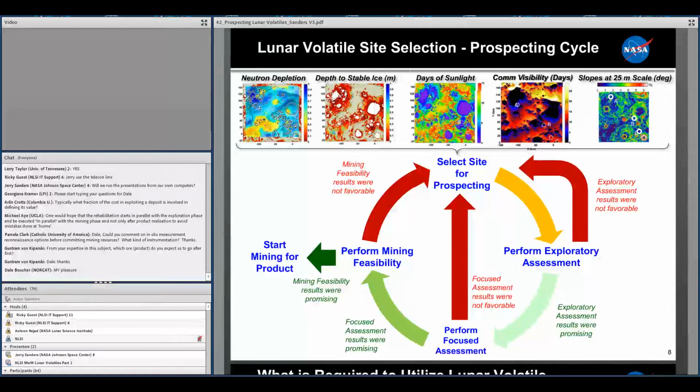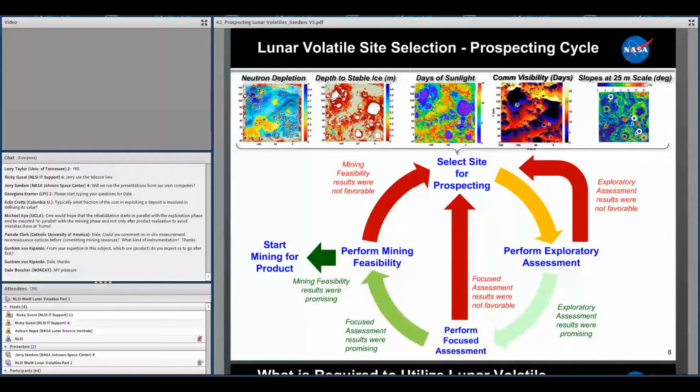From all of these data sets, you basically then select a potential site for prospecting. You now perform your first exploratory assessment, and if the results are not very favorable, you have to go back to square one. Did I use the right data sets? Did I have the right hypothesis for where the ore body or resources would be?